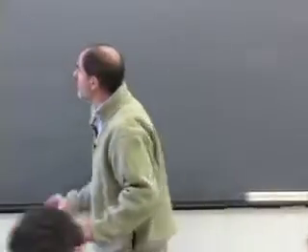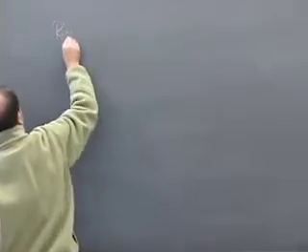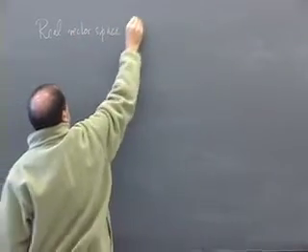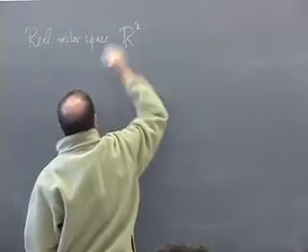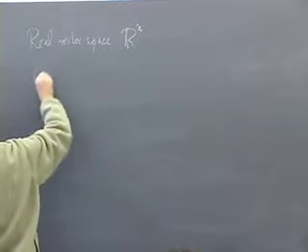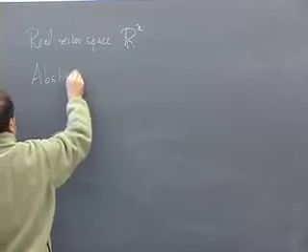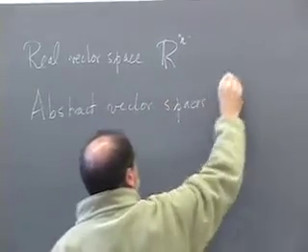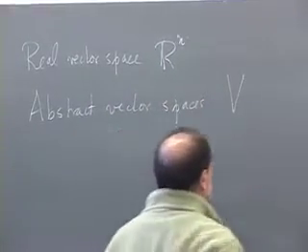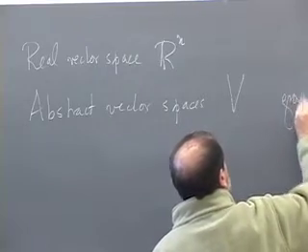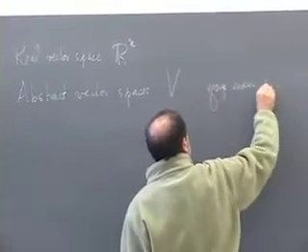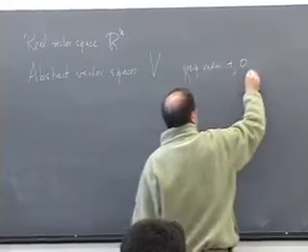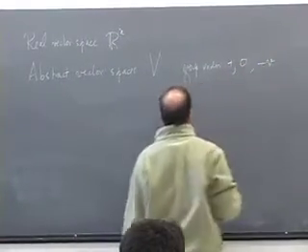So we started off with real vector spaces, by which we just meant Rn. And then we thought about them abstractly. Abstract vector spaces were just a set V, which was a group under addition with the identity element, the origin, an inverse element minus a vector.